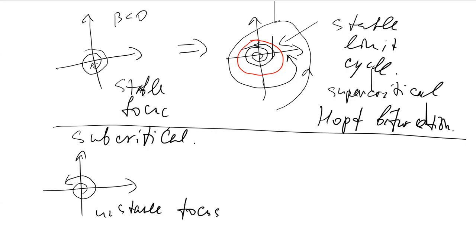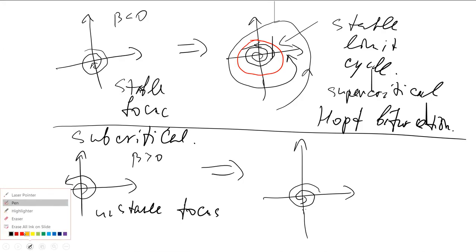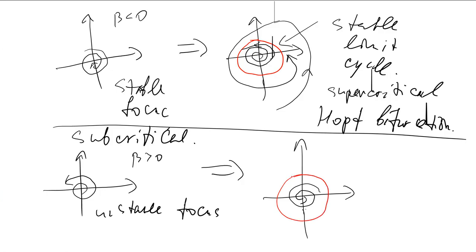And this unstable focus, when beta is positive, then transfers to stable, and we have in addition an unstable limit cycle here.